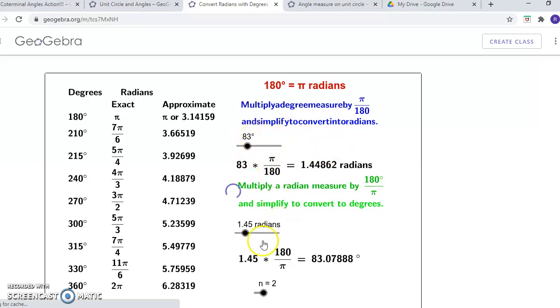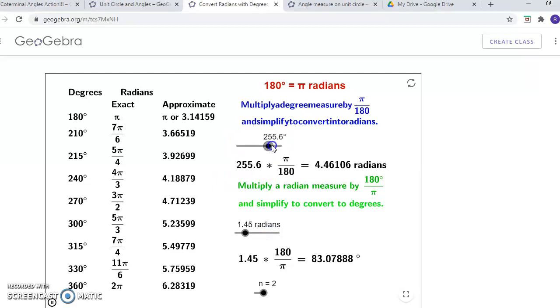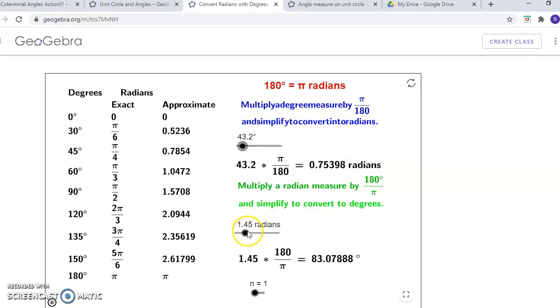And if you want to convert radian measure to degree, as you can see in the illustration, we have degree multiplied by pi over 180 is the equivalent radian measure. Now here we have radian measure multiplied by 180 over pi, and this is the equivalent degree measure.